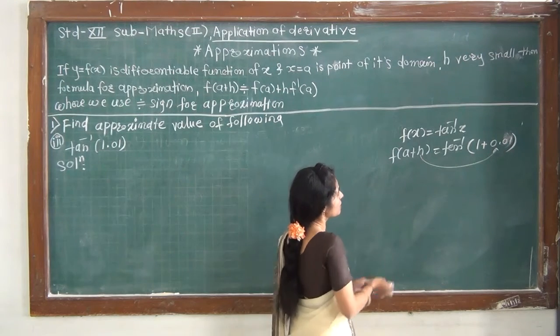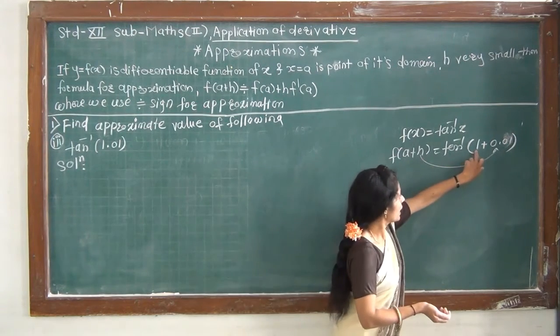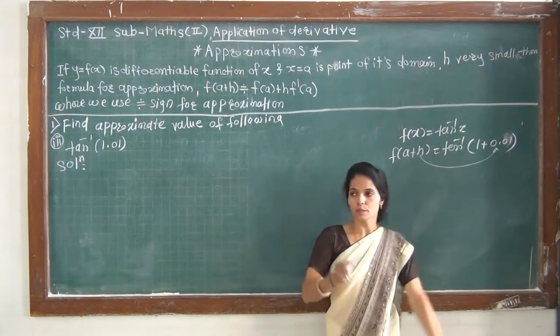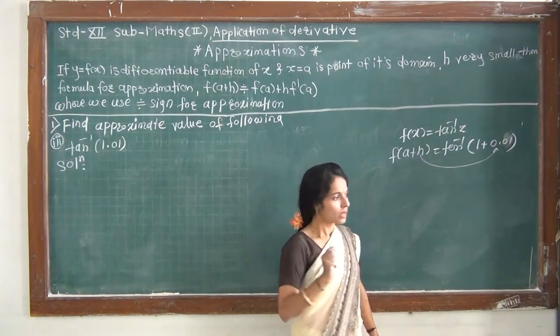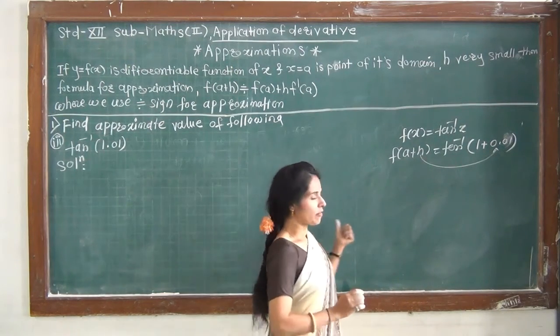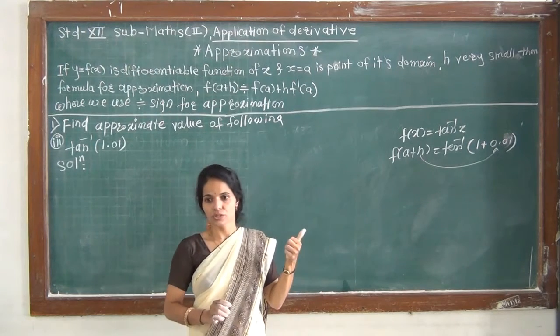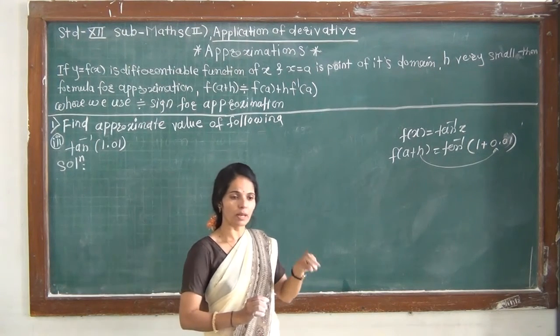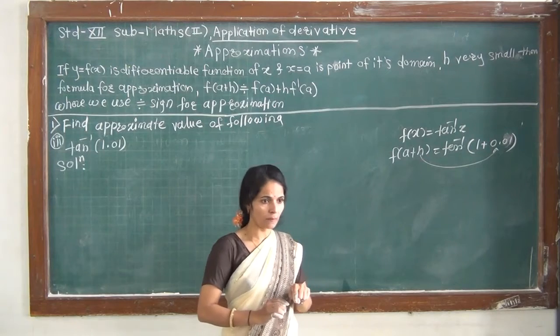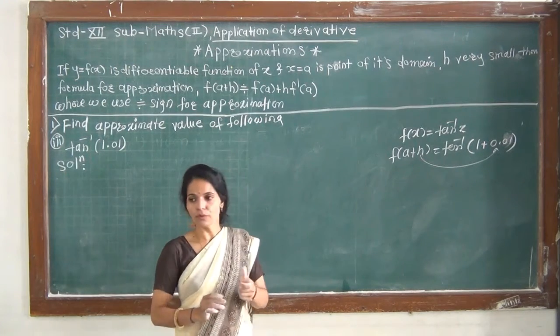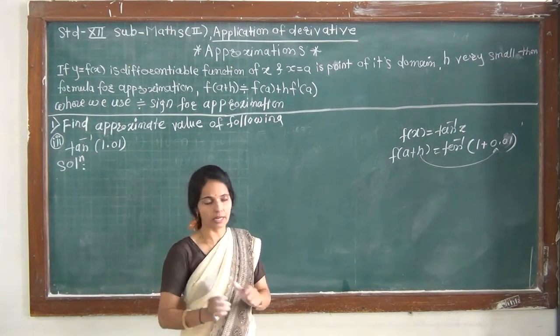We finalize that a is 1 and h is 0.01. Now, as per our formula, f of a plus h is equal to f of a plus h into f dash of a. So we have to find f of a and f dash of a simultaneously.